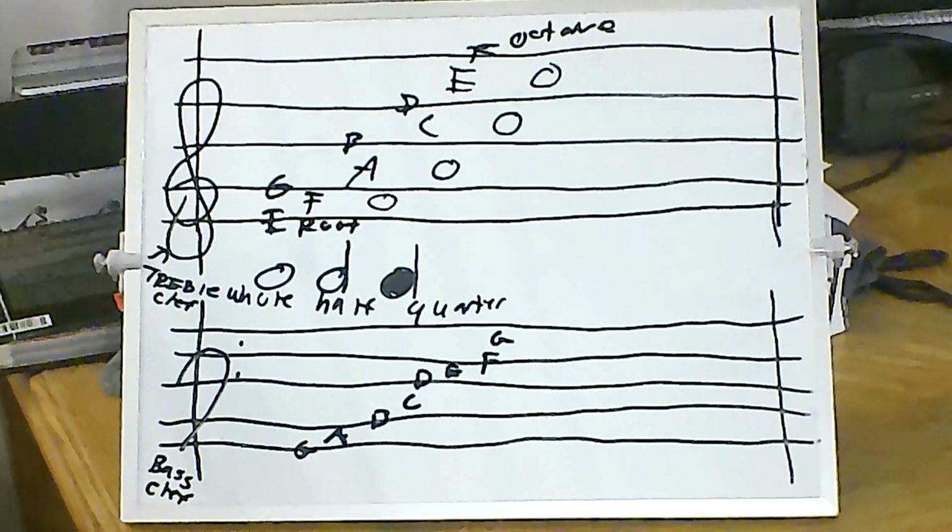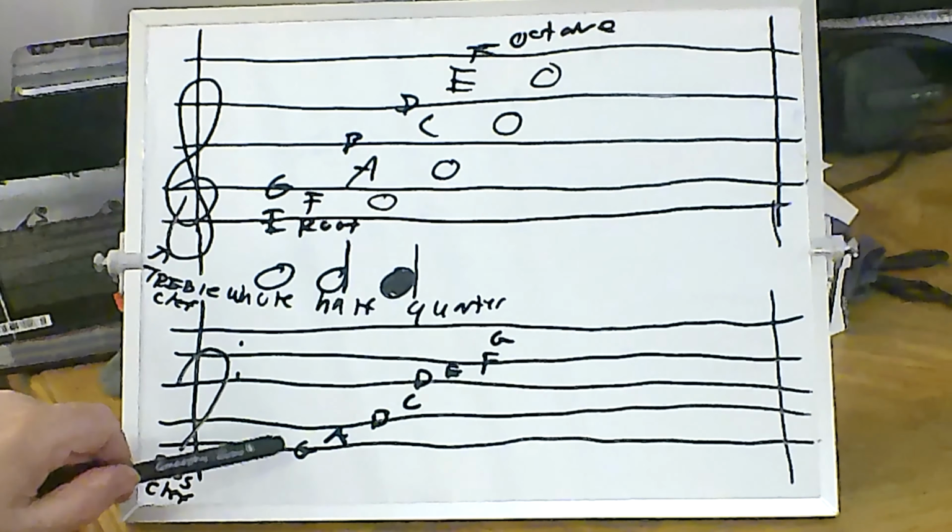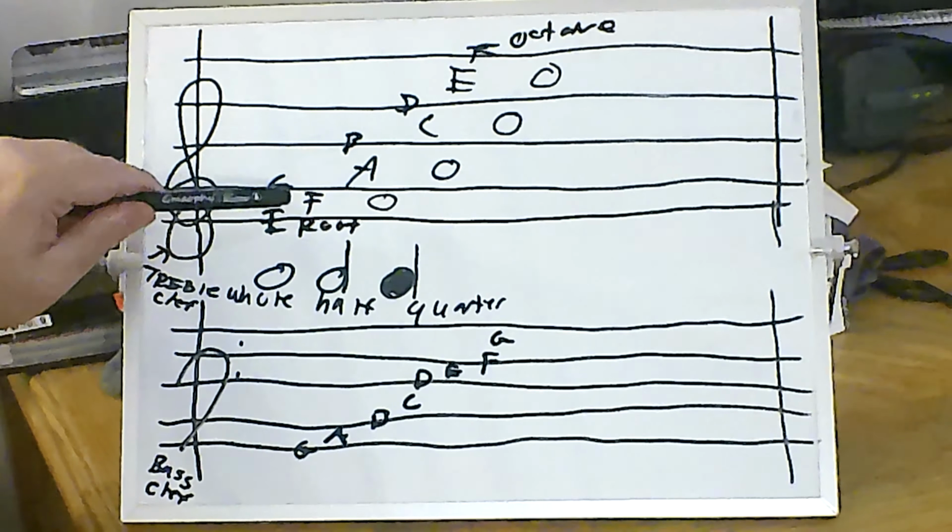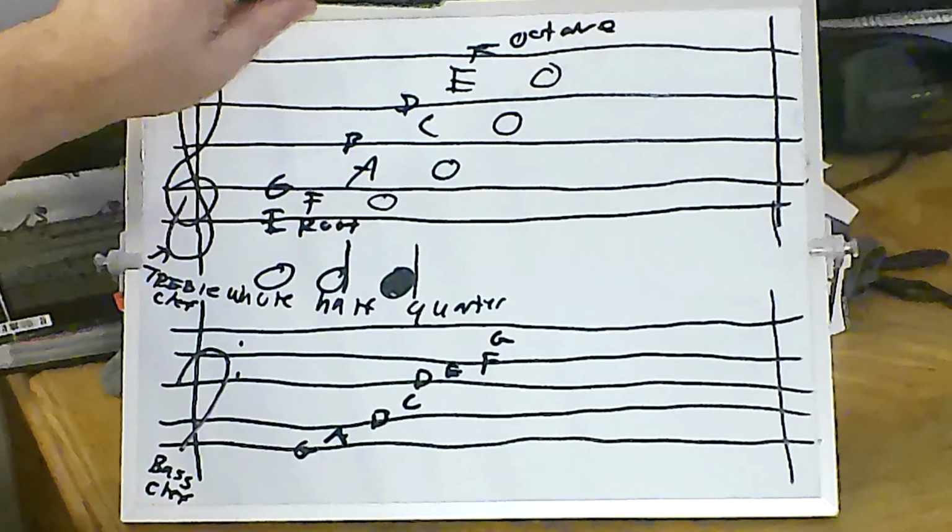So that's an E right there. So this is a G. So that's E, F, G, A, B, C, D, E, F.